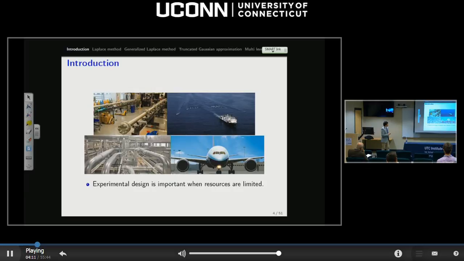The second picture is about seismic inversion. The third picture is the control of an HVAC system. And the last picture shows a very large aircraft: if you want to do health monitoring of the structural body, you probably need to know where to put the sensors. This is also a topic of experimental design.